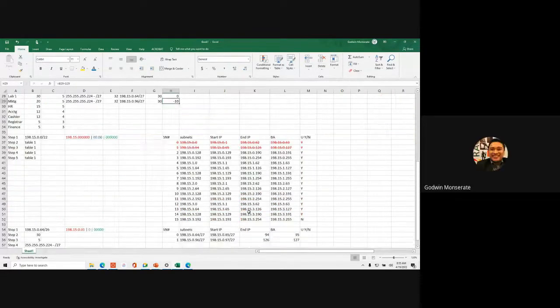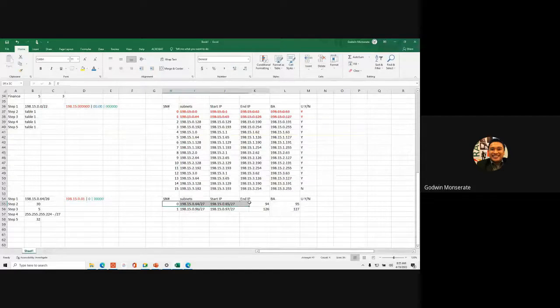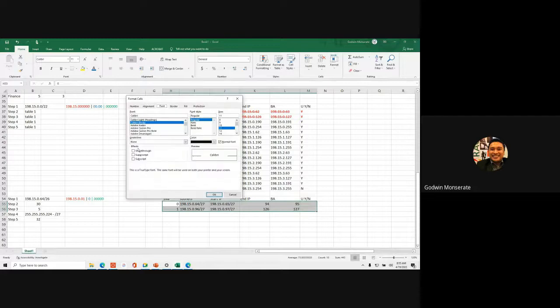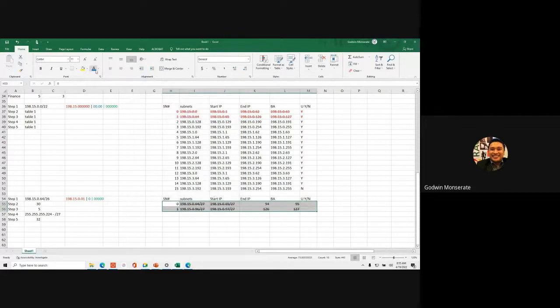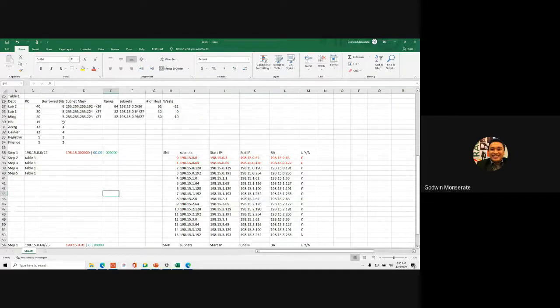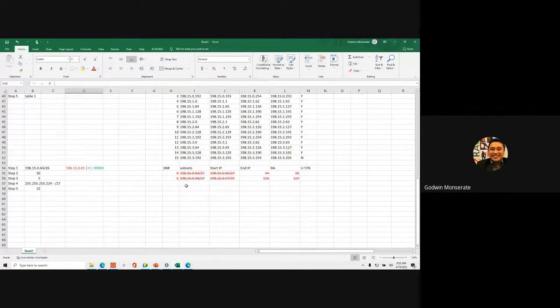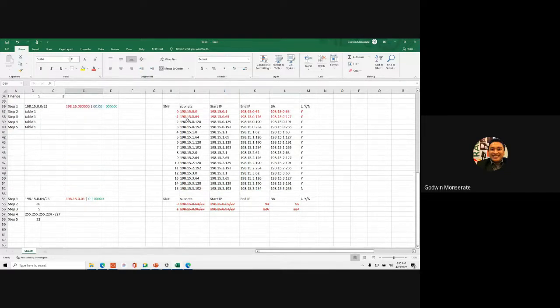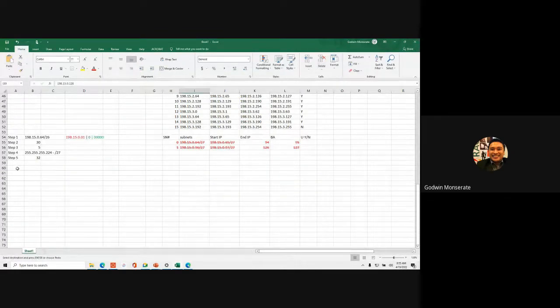Okay, now since we have used this one already, we are going to strike this one out, then we will make it red. Now, since the 5 is used up and nothing is left, you move to the next. Take note, you still have a lot in reserve here, so you are going to take this one for another subnet.